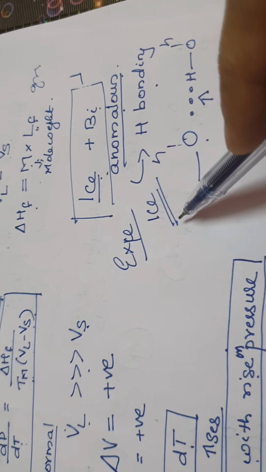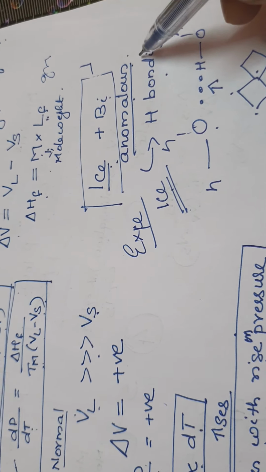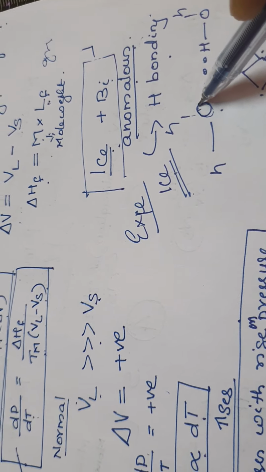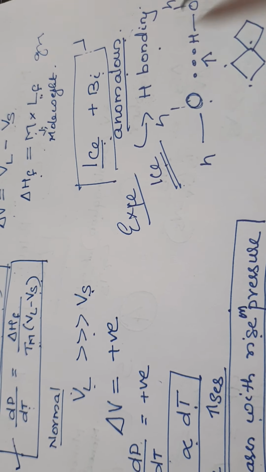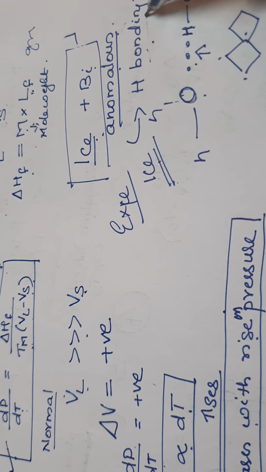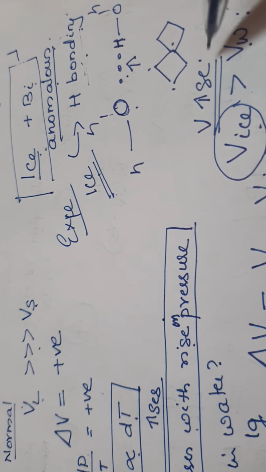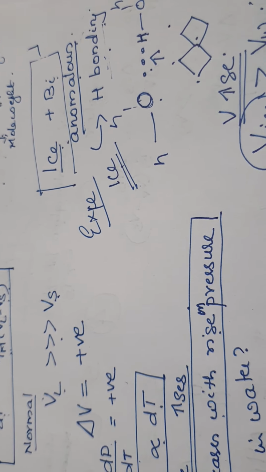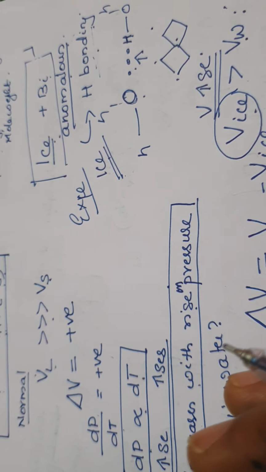When ice is formed from water, a weak force of attraction exists between the electronegative oxygen and hydrogen atom, and that force we call hydrogen bonding. Because of the hydrogen bonding, the molecules will not come together.